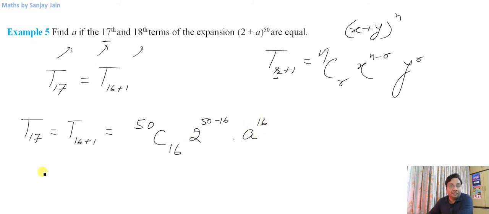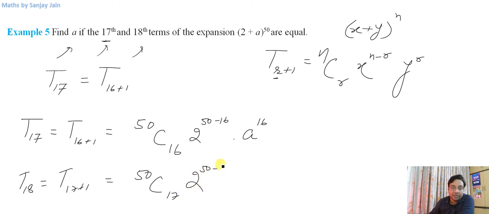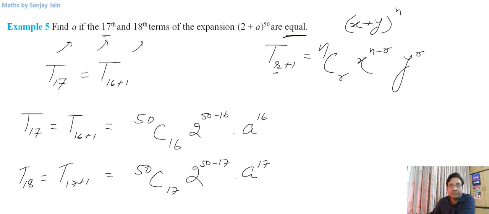This is the 17th term. What about the 18th term? The 18th term is T17 plus 1. So 50C17, 2 raised to power 50 minus 17, a raised to power 17. It is given in the question that these two terms are equal, and I need to find the value of a.